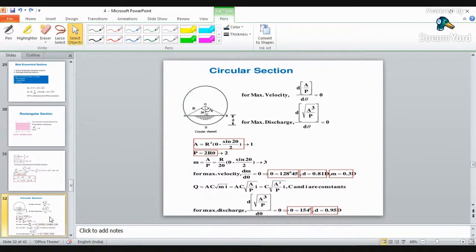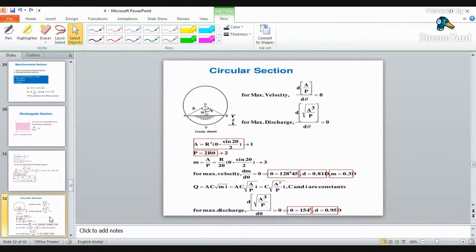For maximum discharge through a circular channel, you get maximum discharge when the depth of the water is equal to 0.95 times the diameter of the circular channel.